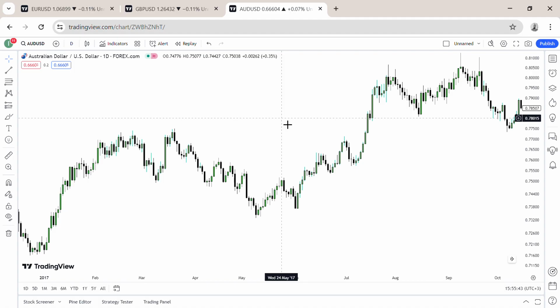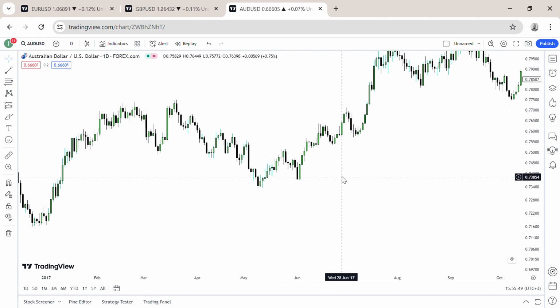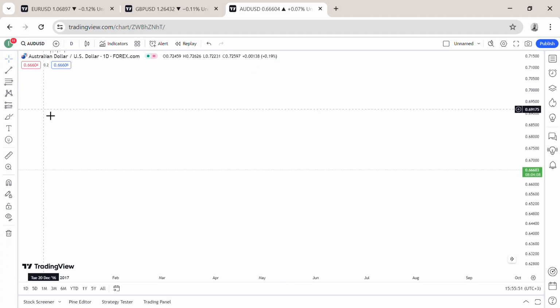So let's go right away into the charts. First of all, let me give you a skeleton of it. Let me just show you something. If you've not watched the video about the breakup blocks that I posted yesterday, please do, so that when I'm explaining the mitigation blocks, you can get the difference between the two concepts of ICT.